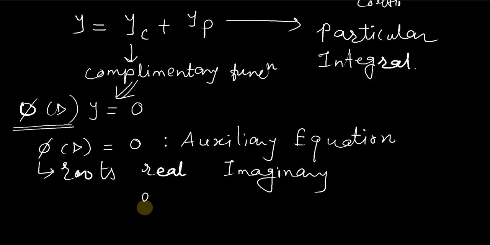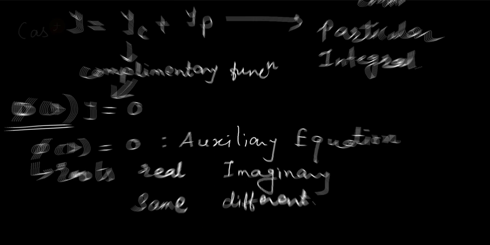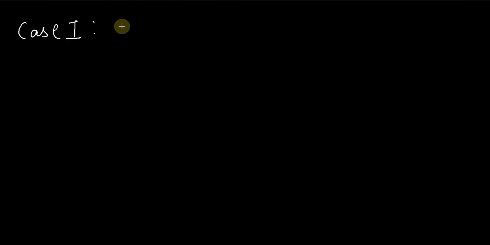Also, roots can be same or repeated, or roots can be different. So depending upon these nature of roots, we get different cases of complementary function. So let's see one by one. Case 1. Roots are real and different.